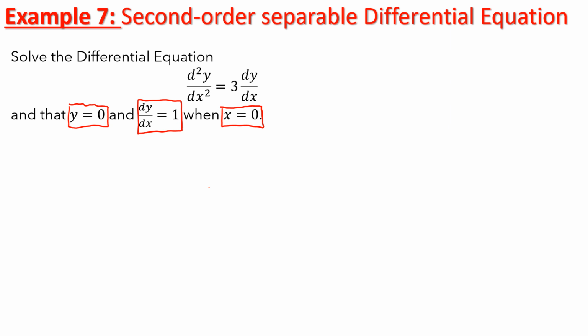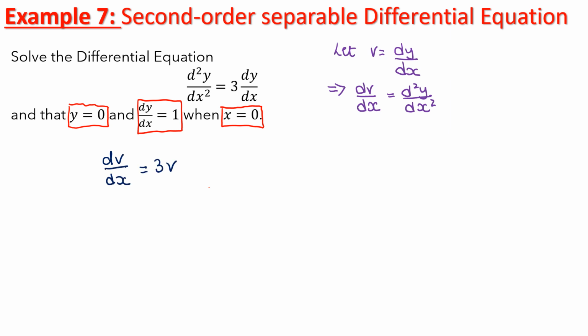To simplify, we let v equal dy/dx, which in turn means differentiating v with respect to x is the same as the second derivative, d2y/dx squared. Meaning we can rewrite this as, instead of the second derivative, dv/dx equals 3 times v.